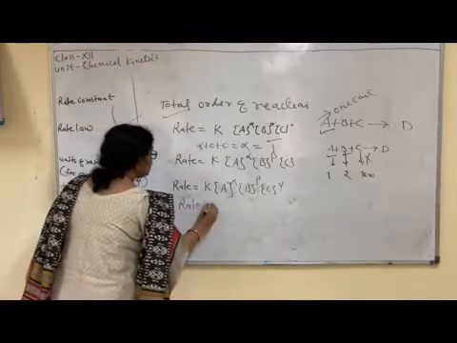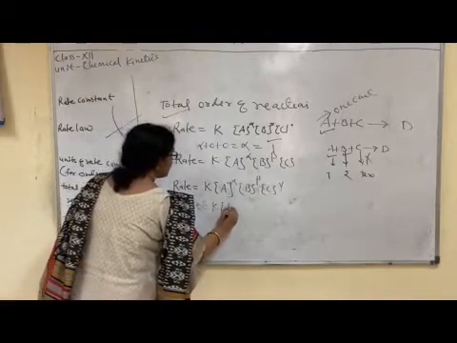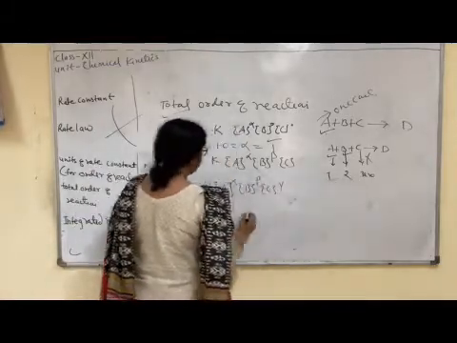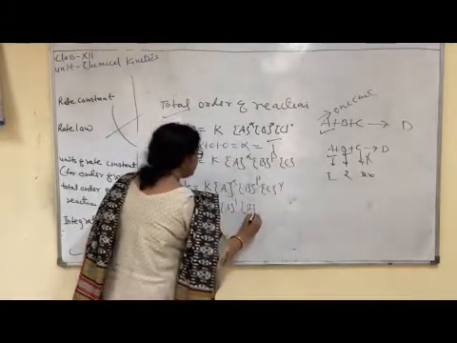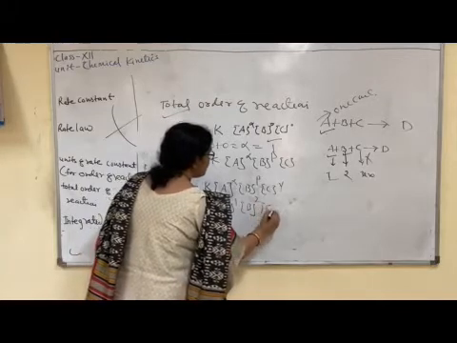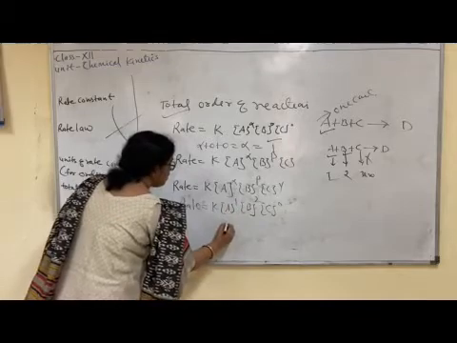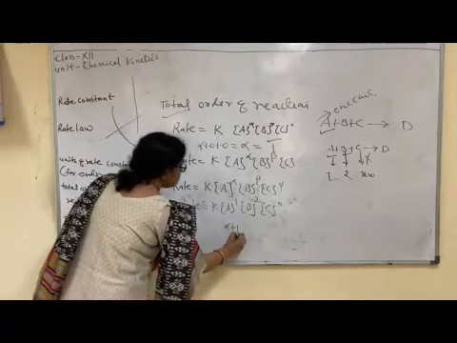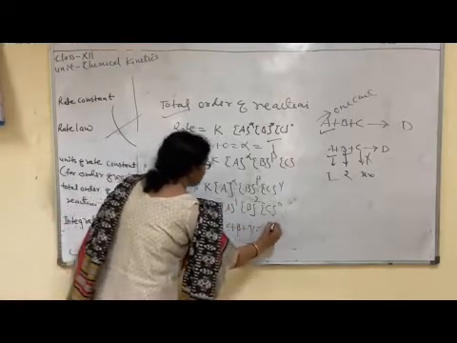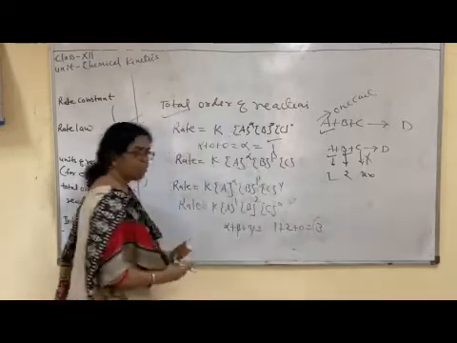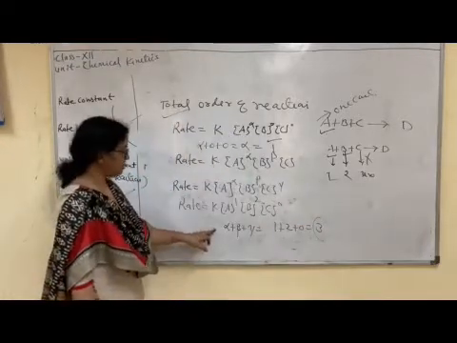Rate is equal to K, A raised power 1, then B raised power 2 and C 0. What is the sum of alpha, beta and gamma? Alpha plus beta plus gamma is equal to 1 plus 2 plus 0 is equal to 3. So what is total order of reaction? It is third order.